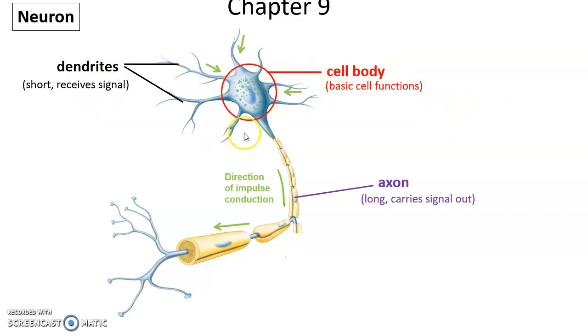And if a signal is received and a response is needed, then this signal will go through this very, very long process called the axon, and will travel down to the ends of the axon, where it would then pass that signal on to the next cell, whether it's a neuron or an effector.